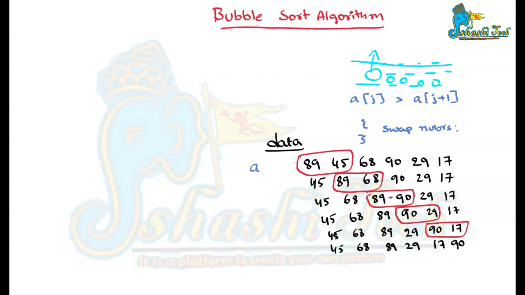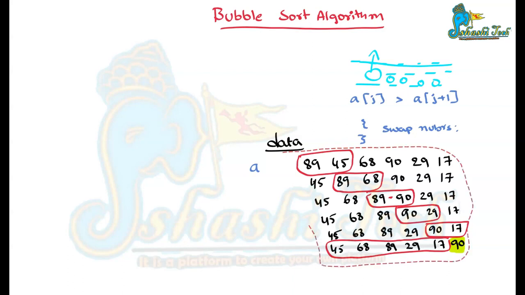You may observe that the biggest number is sorted. You may be asking me, there are other elements which are not sorted, how can you say that the number is sorted? I am saying only one number is sorted here.